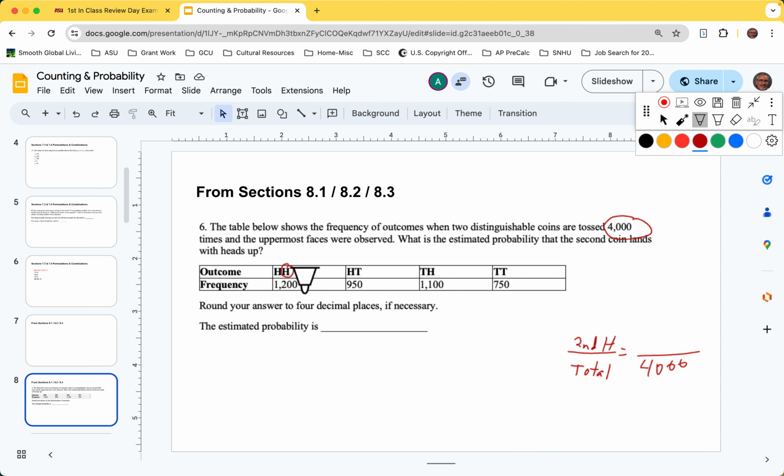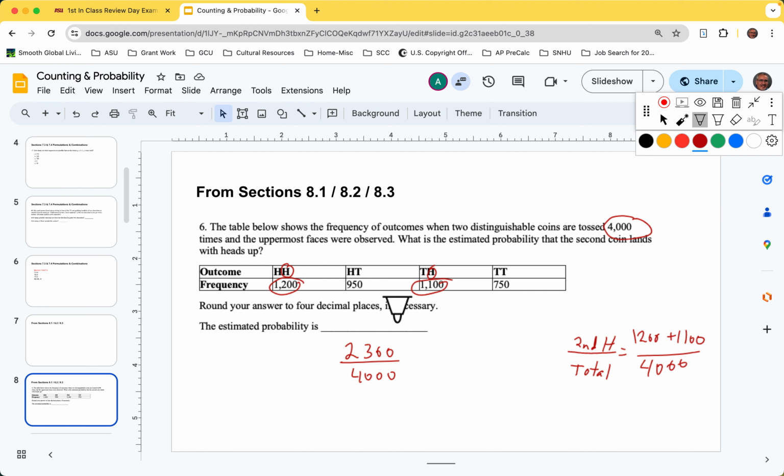Well, this one has a second one heads, so there's 1,200. This one has a tails second. This one has a head, so then there's 1,100. And I add and divide, right? So that's going to be 2,300 divided by 4,000. And round your answer to 4 decimal places.